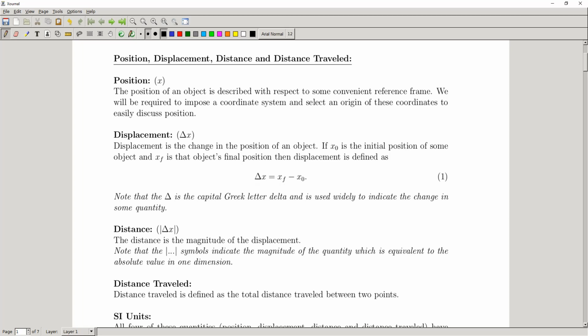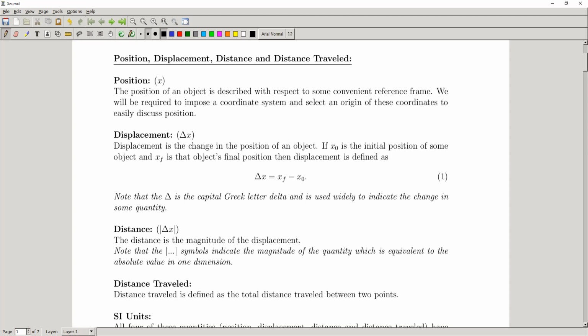Distance is described just below, and the distance is just the magnitude of the displacement. When I say magnitude, in one dimension, we're just talking about the absolute value. So we can have a displacement that's negative or positive, and that would point either to the right or the left of our x-axis. But our distance is just the absolute value of that.